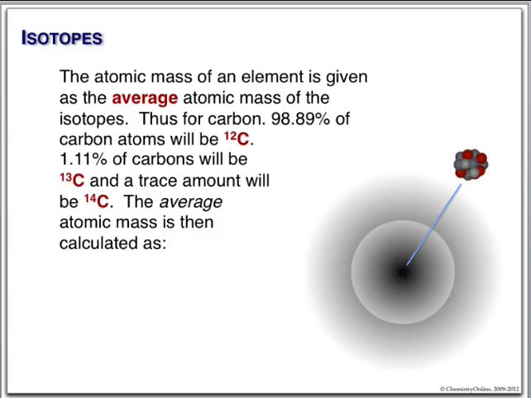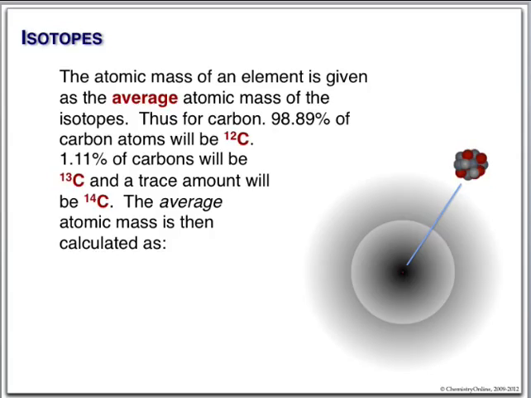You're going to have a little over 1% of carbon that's C13. And if you get to organic chemistry, you'll see that carbon-13 is a very, very important isotope for organic chemistry. Trace amount is going to be the C14, and that's the radioactive one.